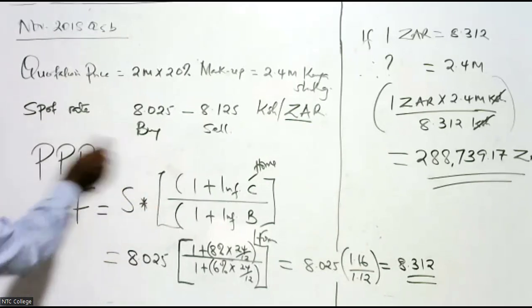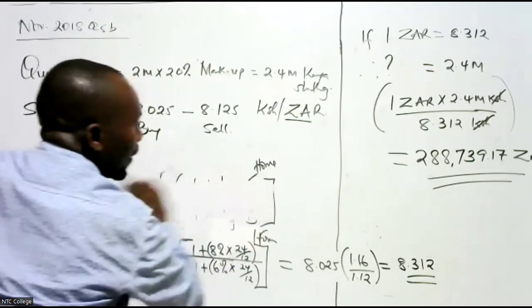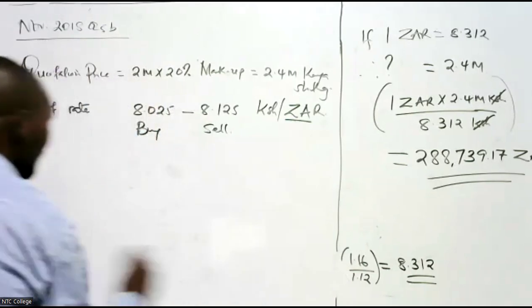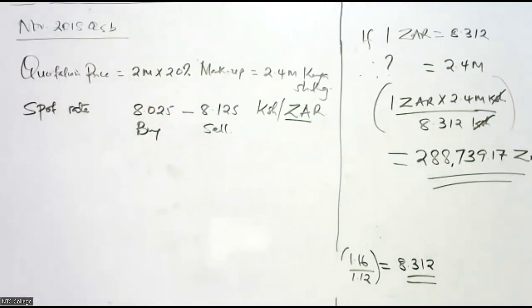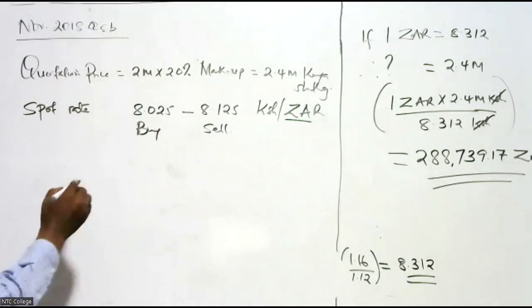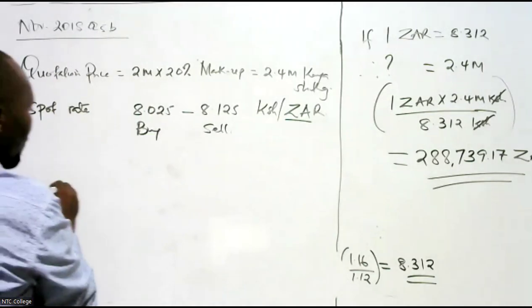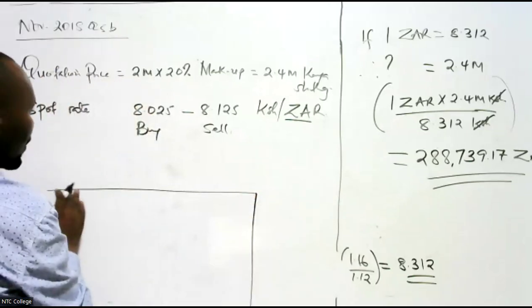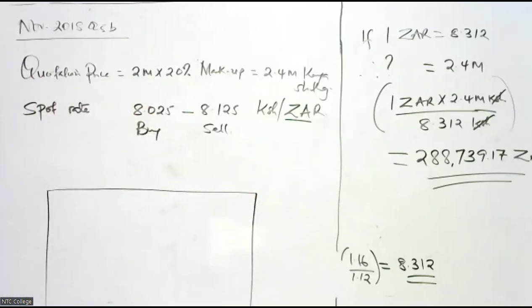Okay, so let's try money market and see if it can make sense. Money market, we say that you need to draw. I just want to see if things are okay, it can work. But if there is any information missing, might not work. So we come here, draw a table.